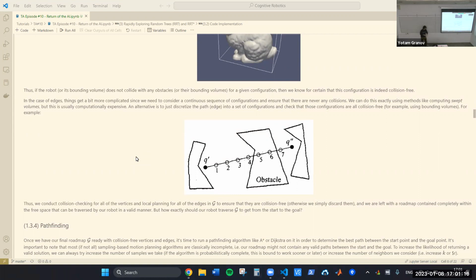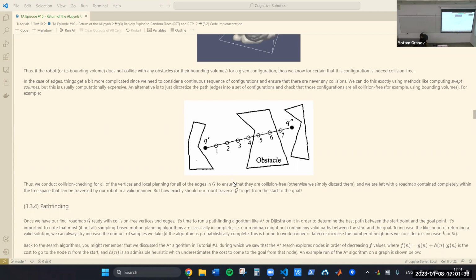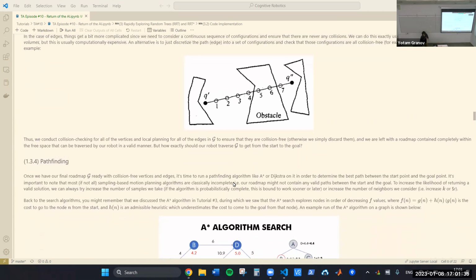So we'll check, okay, at so-and-so points along this path, do we collide with anything? If we don't collide with anything along, say, 7 points, then we'll just assume that we're always okay. And obviously, the higher the resolution, the better the approximation of whether or not you're colliding with an obstacle. So that's that. Are there any questions so far? Anything unclear?